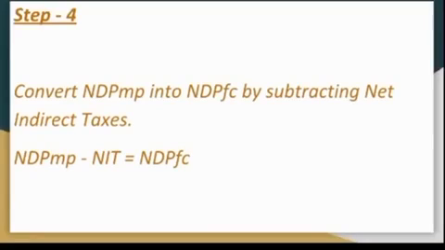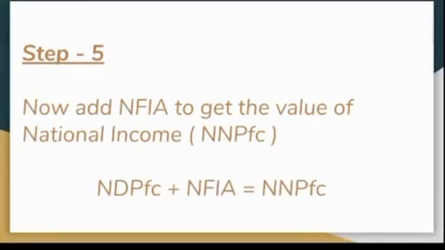So our next step will be to convert MP, that is market price, into FC, that is factor cost. So to convert, we will subtract NIT from NDP-MP, which will give us NDP-FC. In the next step, after getting NDP-FC, that is net domestic product, to make it national product, from domestic we have to go to national.